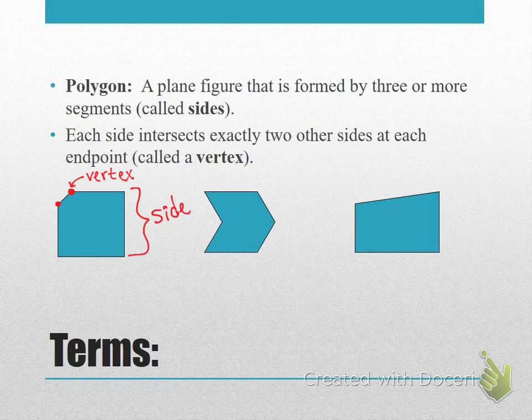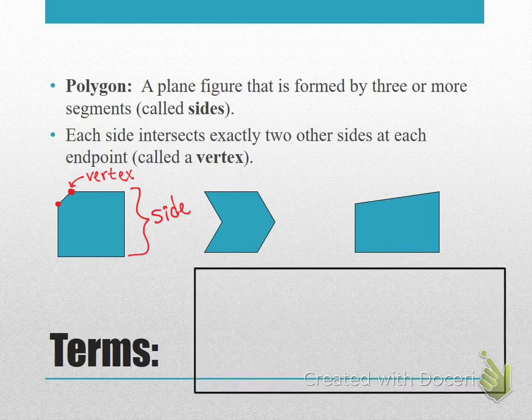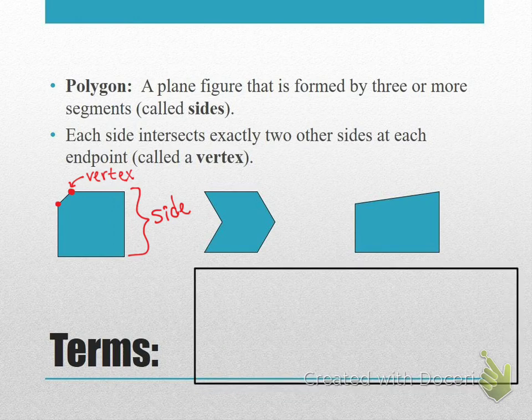There are some other things to notice that we'll talk about more when we get to some examples about what is not a polygon. So things that we do not see would be curves. Try to make a separate box down here for things that are not polygon features.